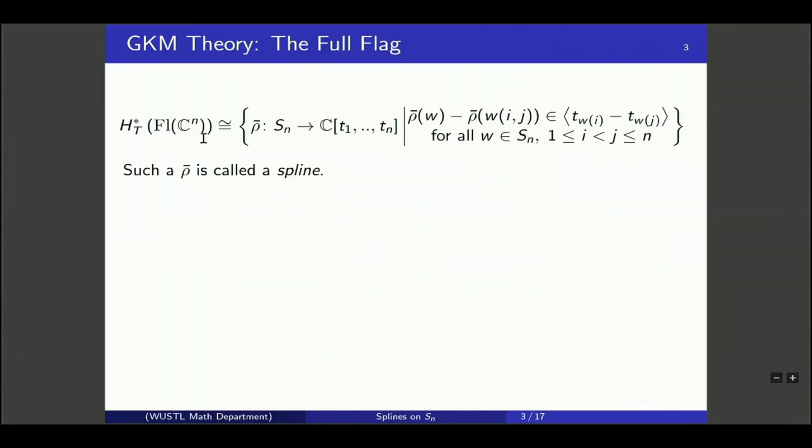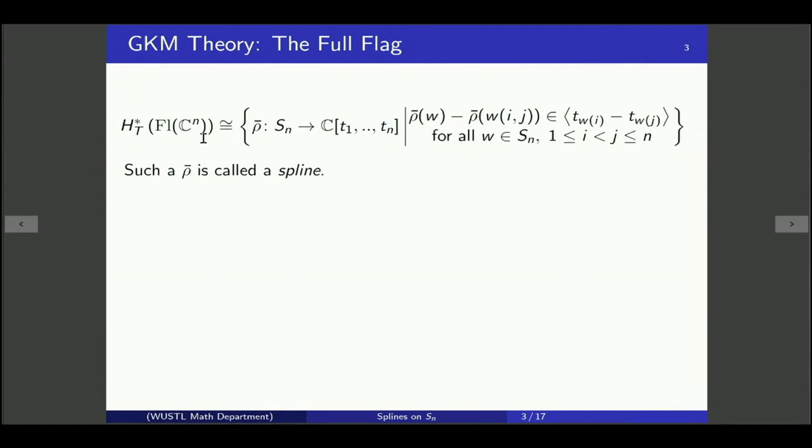All right, okay. So for the full flag, what does GKM tell us? It says that its T-equivariant cohomology is isomorphic to this: every element of the symmetric group is going to be given an assignment of a polynomial. What are the conditions that they have to satisfy?